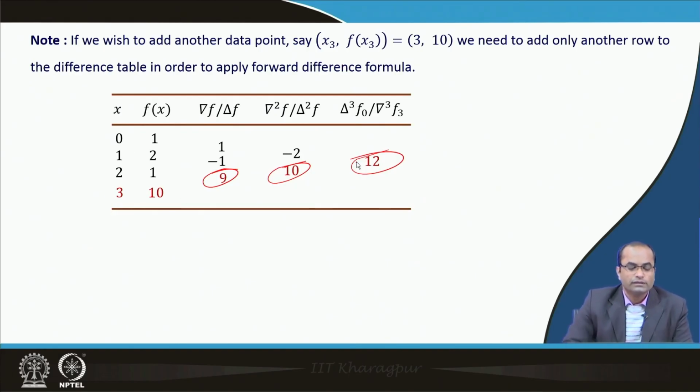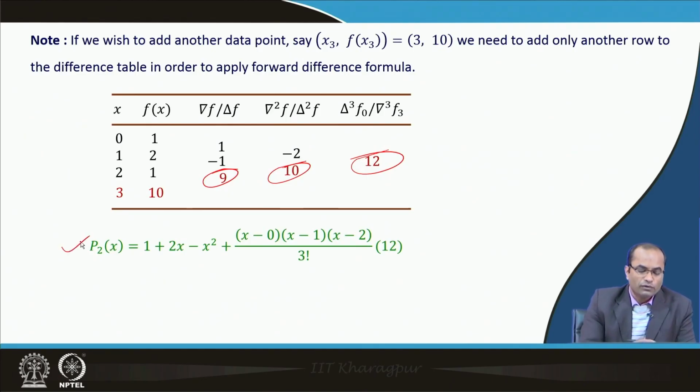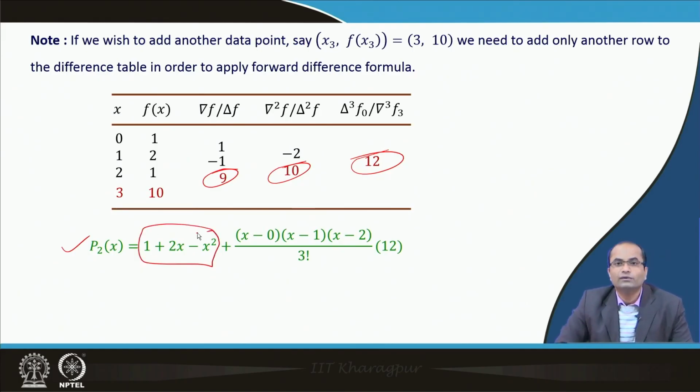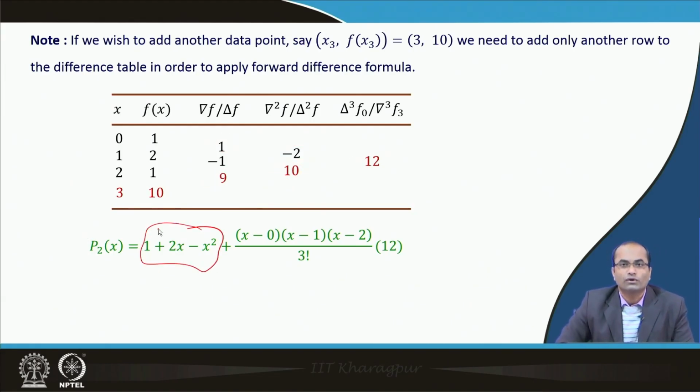We have only done some extra calculations because of this extra data, and we can apply whether forward or backward. For instance, here we are using the forward again, and just remember that this portion was already evaluated, because that will not be changed, those values were used there, and we have just used here that polynomial which we already got, that was the second order polynomial.